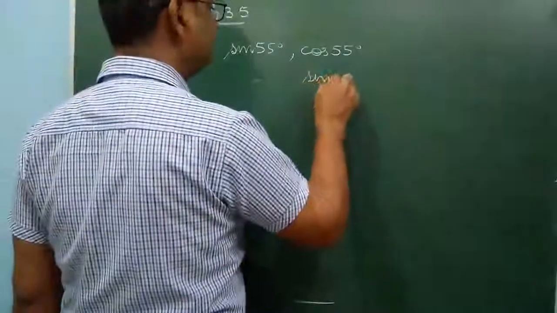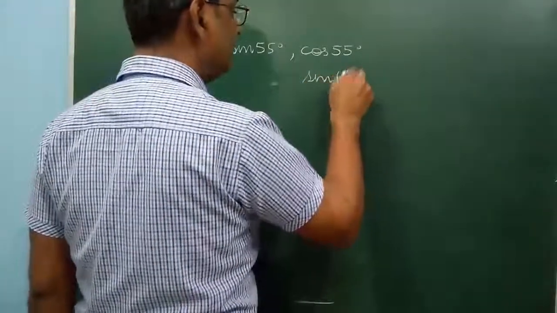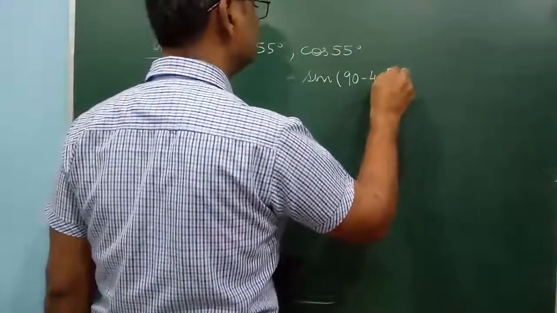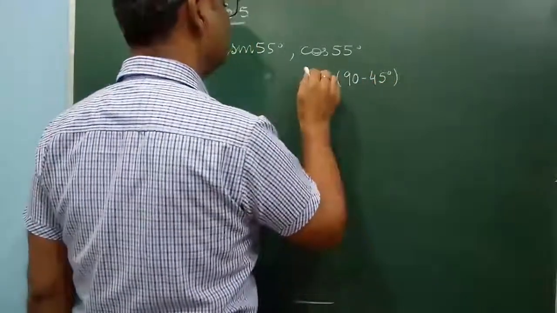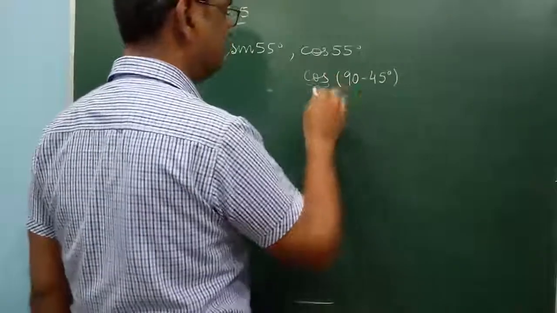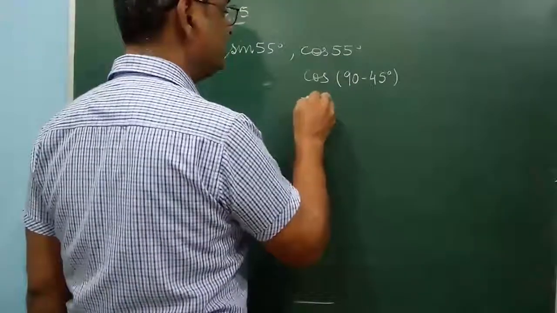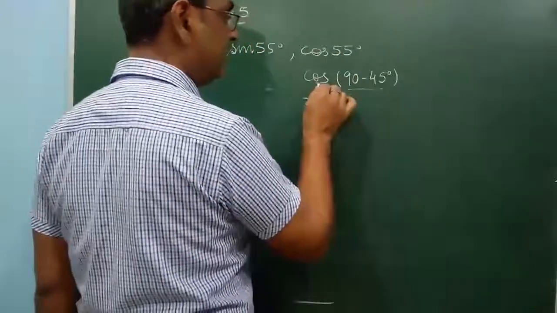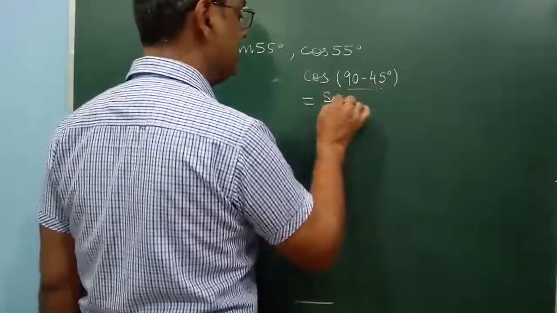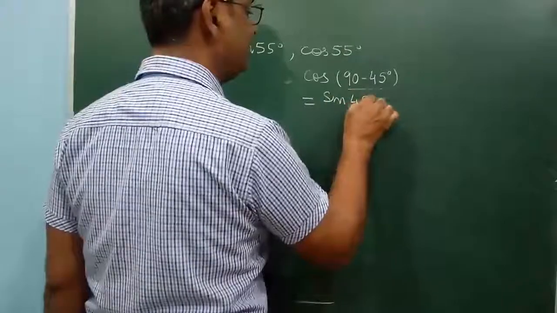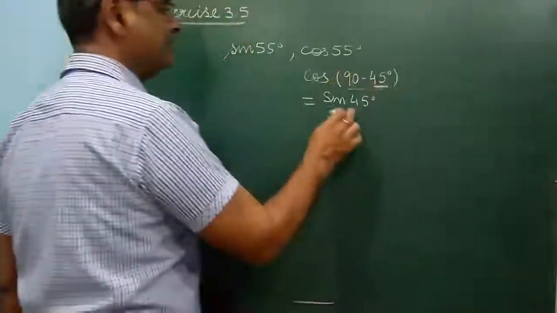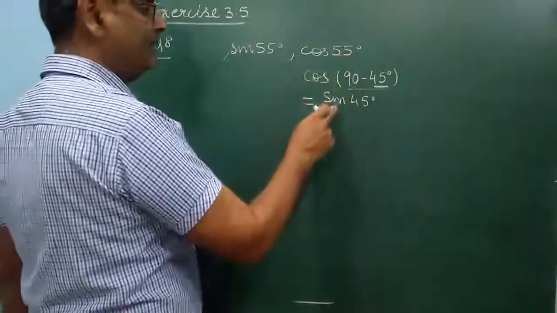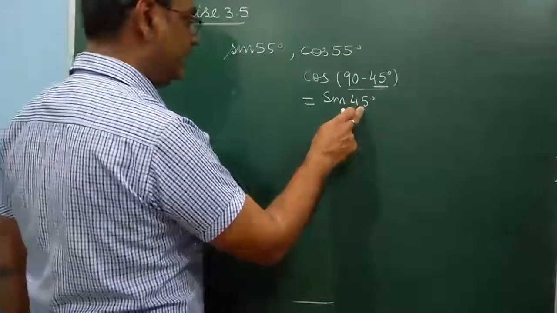Cos 55, where 55 we write as 90 minus 35... or rather, cos of 90 minus theta is sin theta. Theta here is 45, so cos 55 can be taken as sin 45.